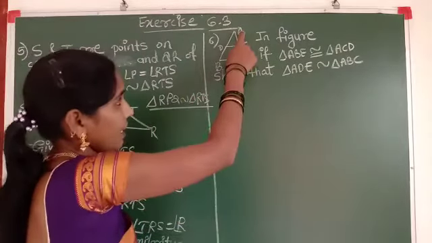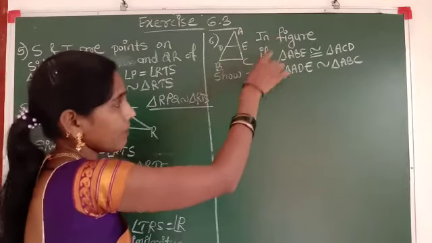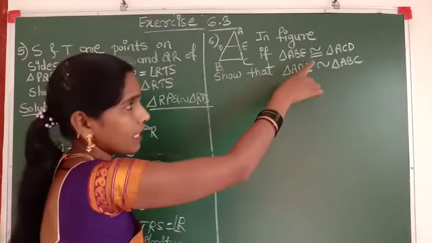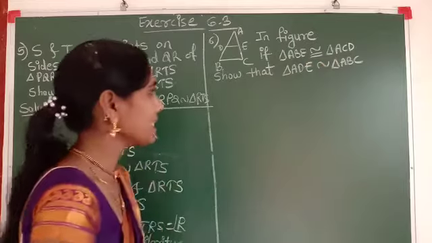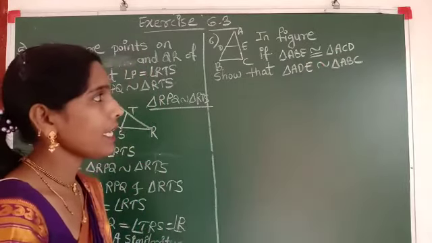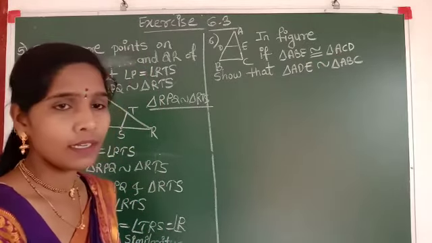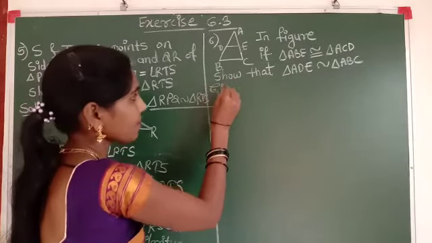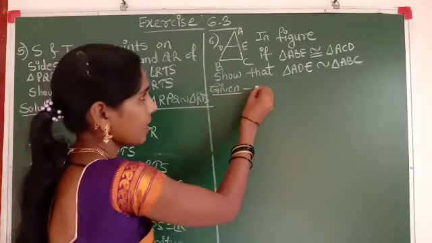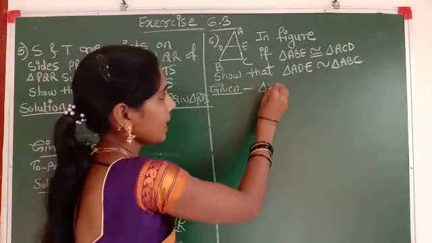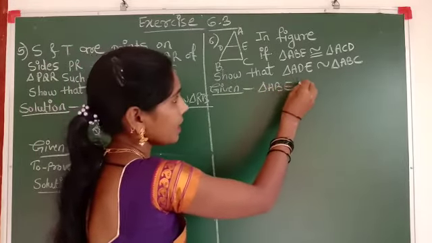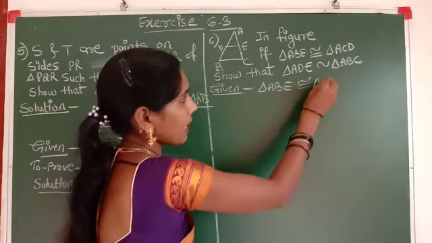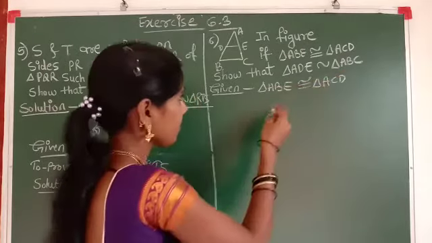Given ABC and D in figure, if triangle ABE is congruent to triangle ACD, show that triangle ADE is similar to triangle ABC. First, we have to write given: triangle ABE is congruent to triangle ACD.